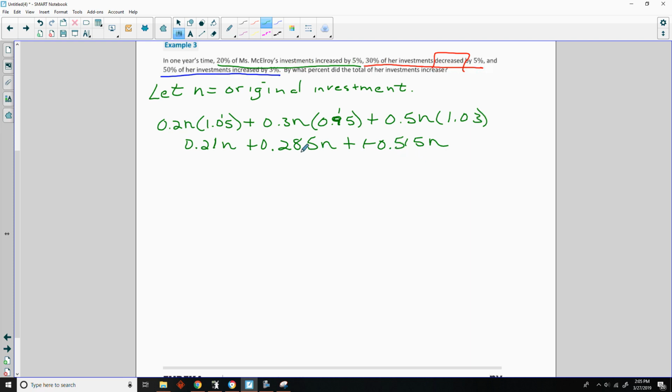When I add these all up, I have 3 decimal places, 3 decimal places, 2 decimal places. So 5 plus 5 is 10, carry the 1. 2, 10, 11, carry the 1. 5, 6, 7, 8, 9, 10.